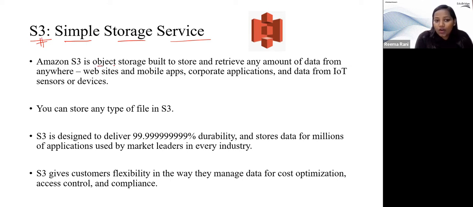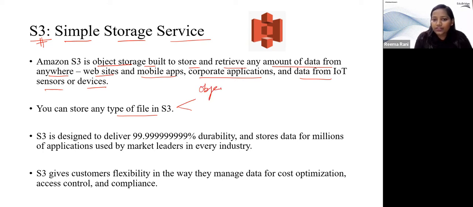It is object-based storage built to store and retrieve any amount of data from anywhere, whether websites, mobile apps, corporate applications, data from IoT sensors, and many other devices. So it can store any type of file in S3.